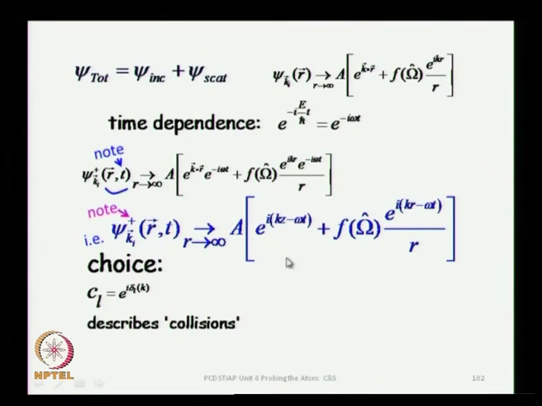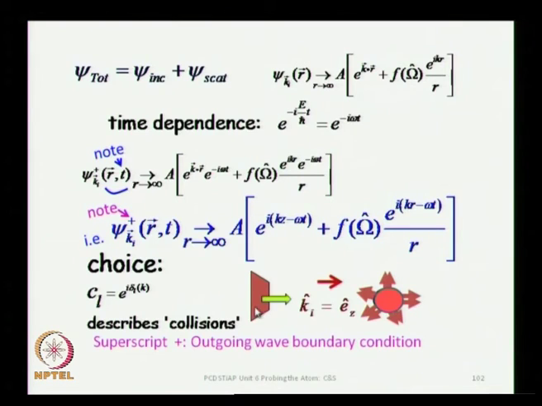Here I have e to the i (k z minus omega t), and here I have k r minus omega t. So this is the incident plane wave moving from left to right. This is your collision boundary condition, the outgoing wave boundary condition, right, and you get the picture that you expected to see. What has given you this picture? Just the way you had G equal to 0 over there, here the choice is C equal to e to the i delta L.